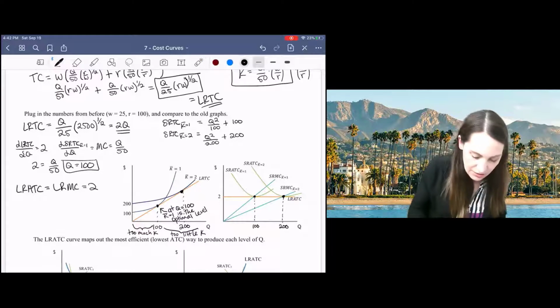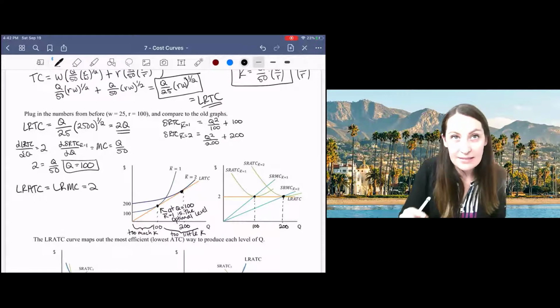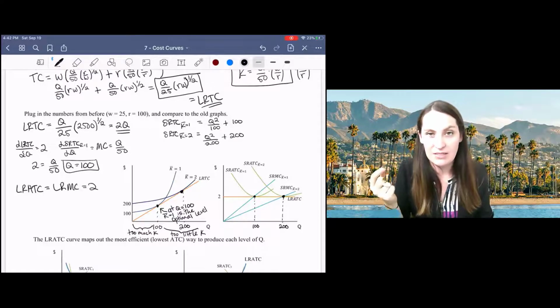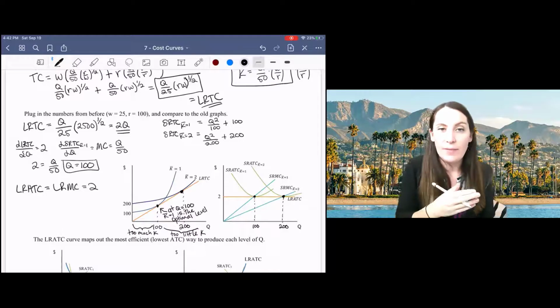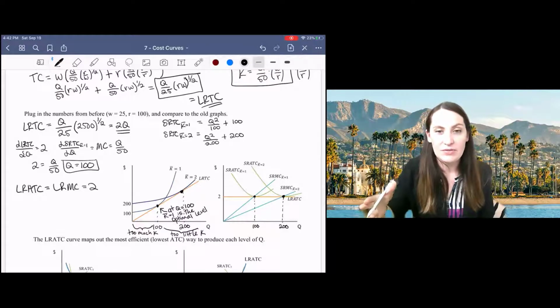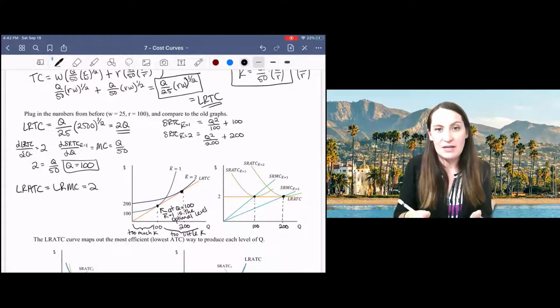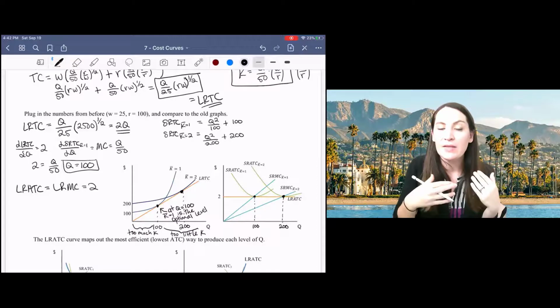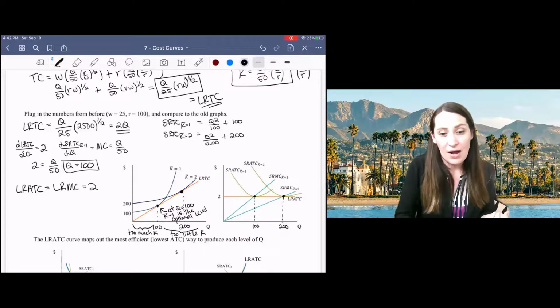So here we notice that we have this constant long run average total cost telling us that no matter how much we produce at the most efficient method of production, where we choose labor and capital to minimize our production costs, we will have an average total cost of 2.